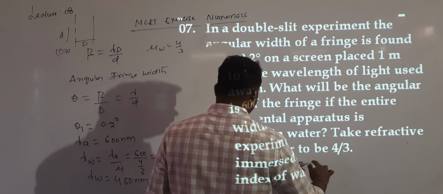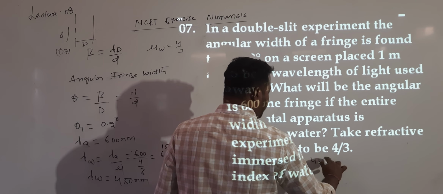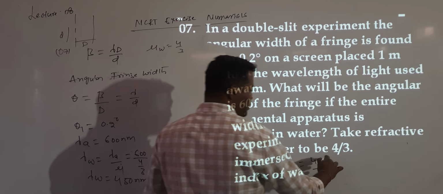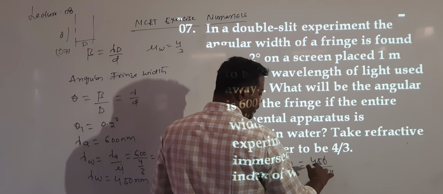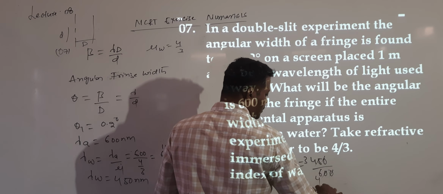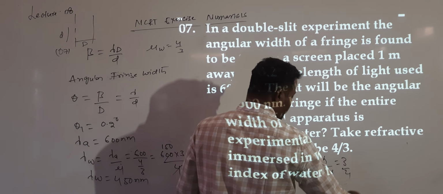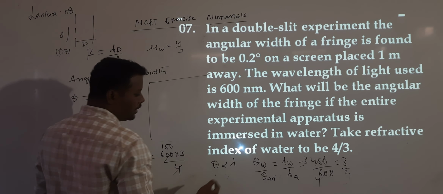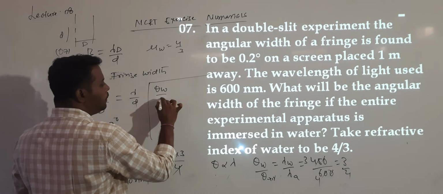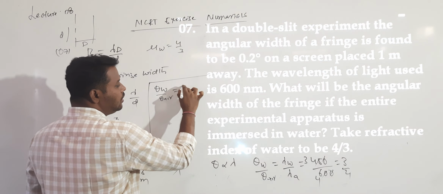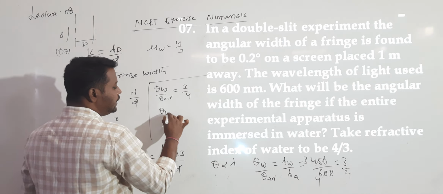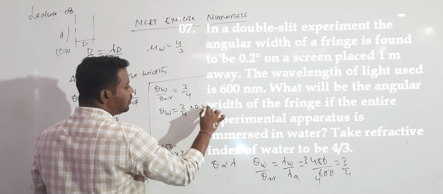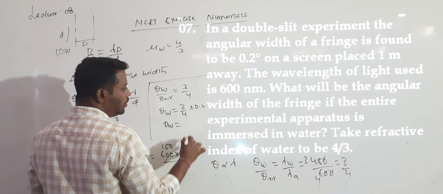That is 450 by 600. Zero cancels, so 15 3s are 45, 15 4s are 60. So I got 3 by 4. Theta W by theta air is equal to 3 by 4. From this, theta W will become 3 by 4 into theta air value 0.2. So what will I get as the value of theta W?